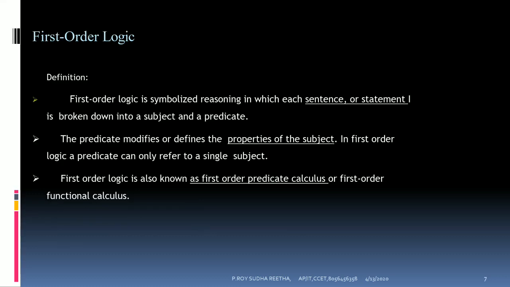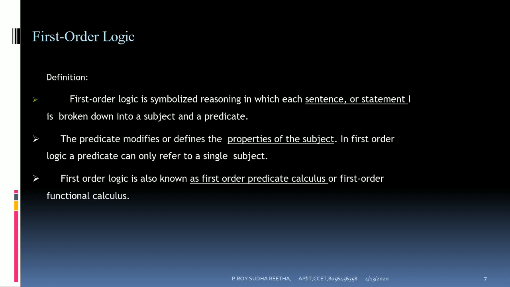And we are going to see first order logic. This is the basic concept when we study logical representation. First order logic, as we all know, is a form of symbolized reasoning in which statements or sentences are broken into two parts, that is subjects and predicates.